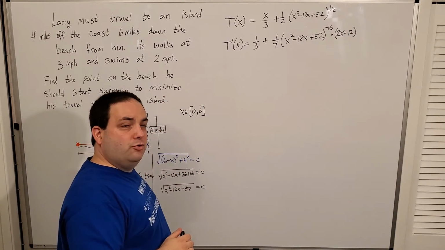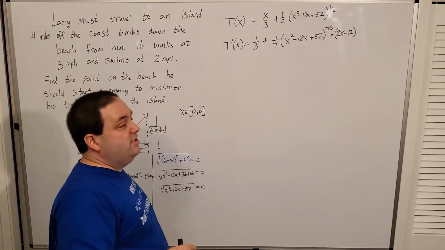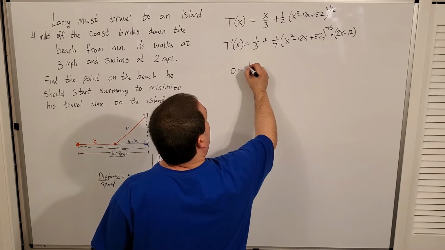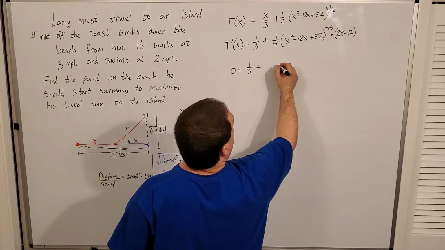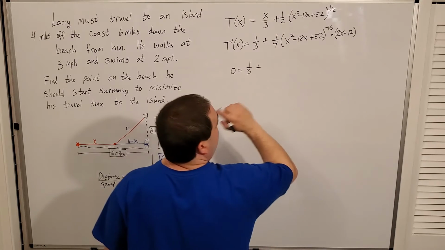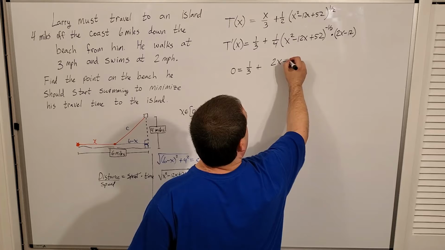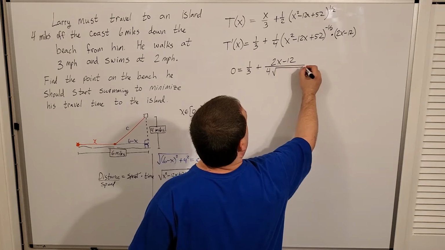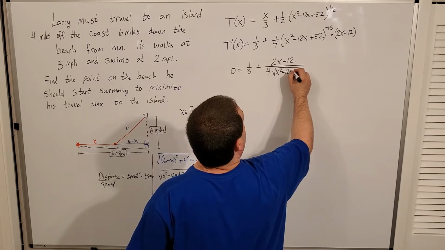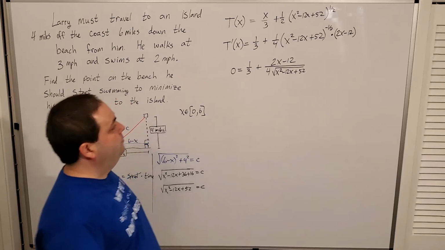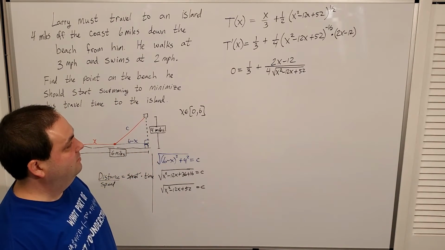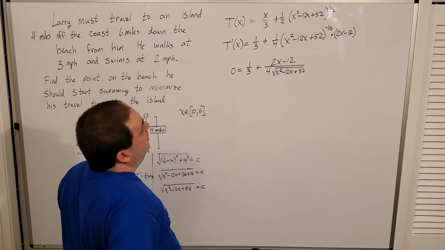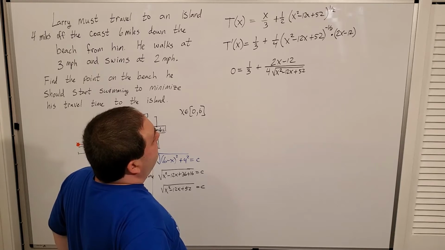Okay. And then we're interested in where this is going to be equal to 0. So I've got 0 is equal to 1/3 plus, let's see, I'll just go ahead and write it out, (2x minus 12) over 4 times the square root of x squared minus 12x plus 52. Yum. All right. So then, from here, what we need to do is solve for x, right?